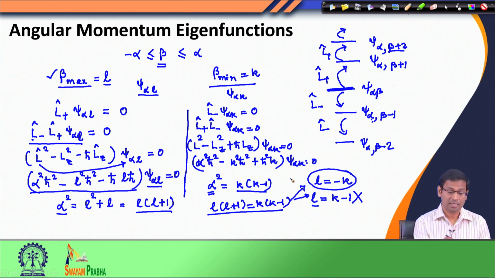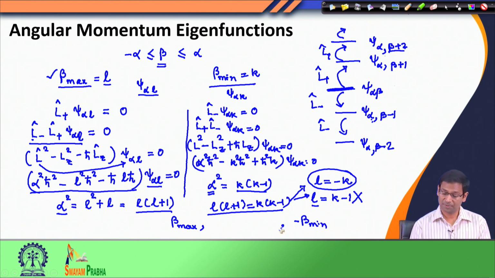So, what is L? Beta max. What is k? Beta min. So, this exercise tells me that I have beta max and beta min, where beta max is the negative of beta min.